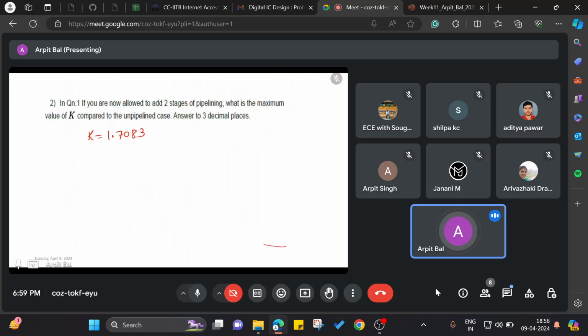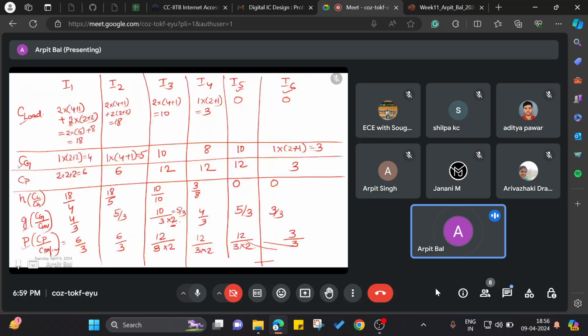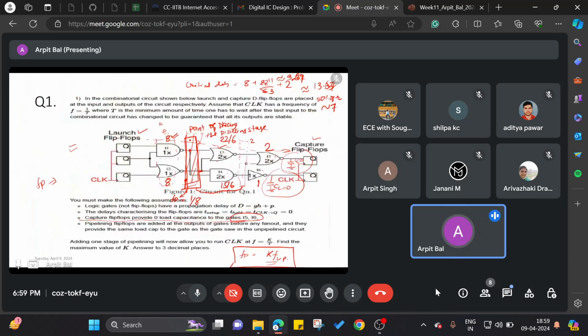The next question asks me, now instead of only one pipeline stage, if I am allowed to use two pipeline stages, what is the maximum value of K compared to the unpipelined case? If I place the second pipeline stage anywhere, let's say here, still I need to wait for this pipeline stage to be over. It means my second pipeline stage won't be faster than my first one.